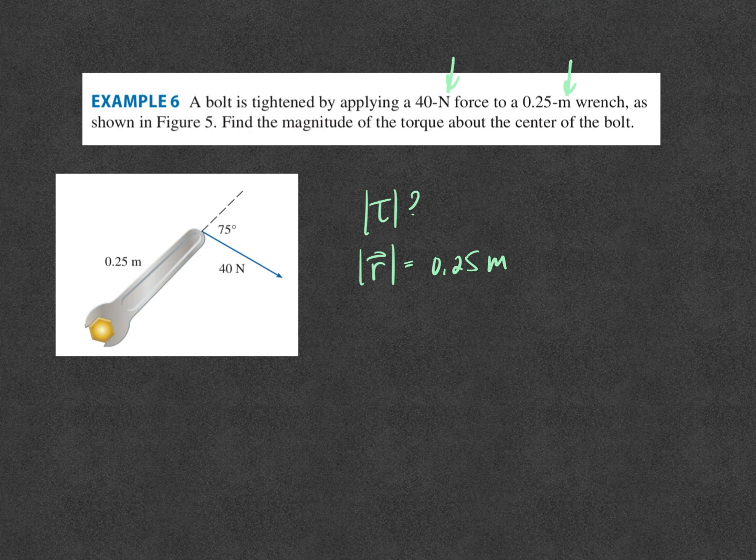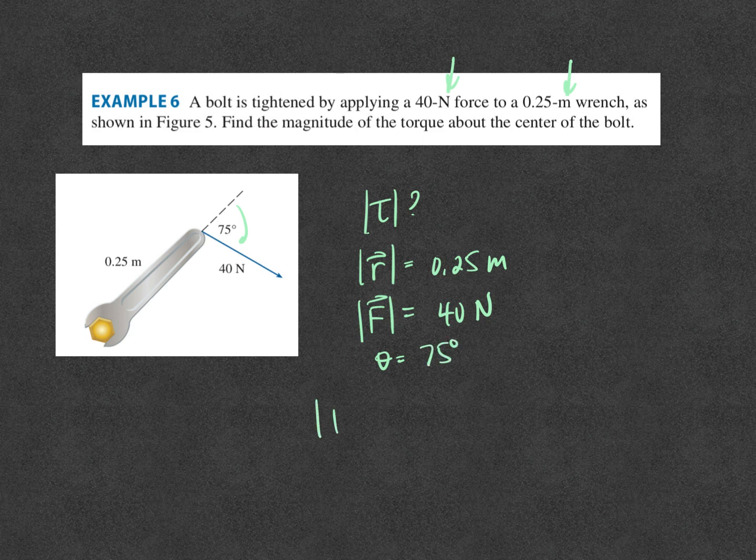And we're given the length of the force, not a vector, to be 40 newtons. So that's nice and worked out for us. And then we also have theta, and theta is the angle between our position vector R and our force. So we can go ahead and say theta is 75 degrees.